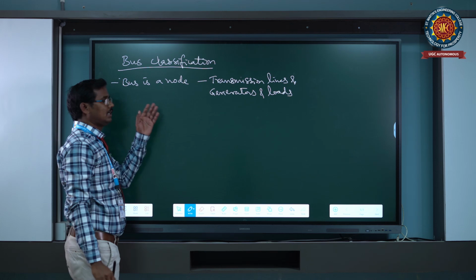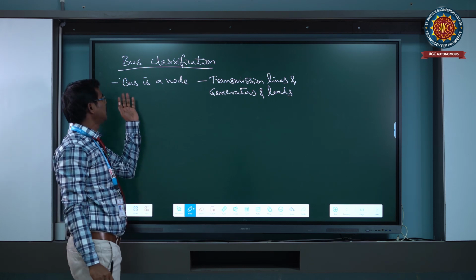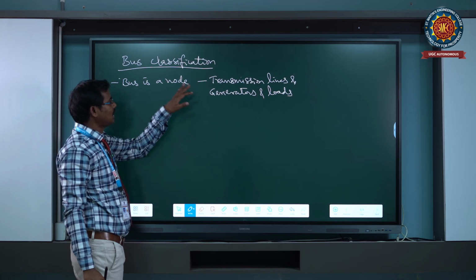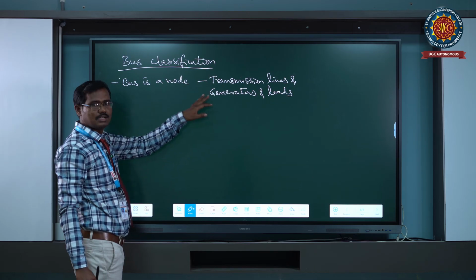This bus is nothing but a node at which the transmission lines, generators and also loads are connected.